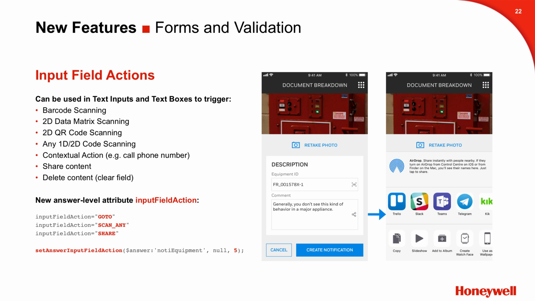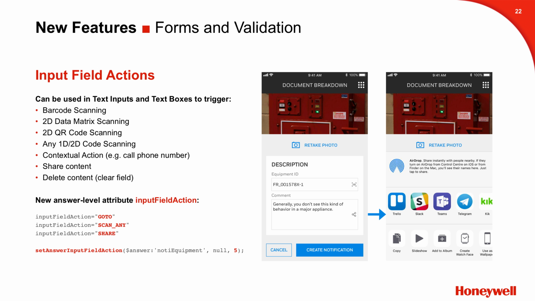This is also a very convenient new feature. We can now add input field actions to input elements. You can see that in the screenshot, for example, for equipment ID. You can just press the little barcode button that is in that box to bring up the barcode scanner and scan a code instead of entering the string manually.